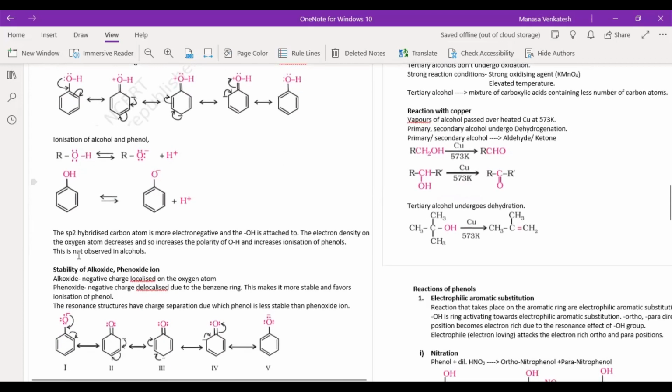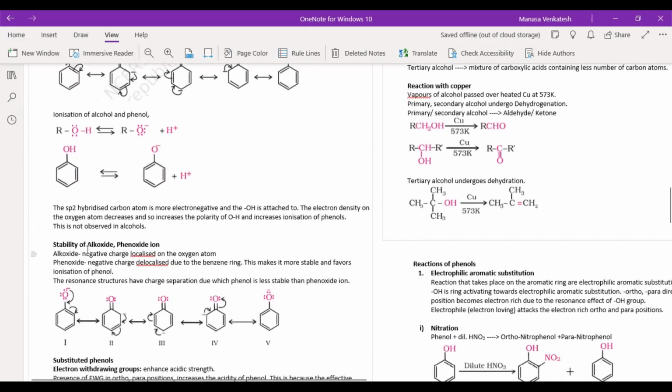Now, the reason we're studying stability is because you need to know that, even if the RO minus is formed, is it stable for it to donate the hydrogen atom in the first place? The negative charge in the RO minus is localized, which means it's going to stay on the oxygen atom.